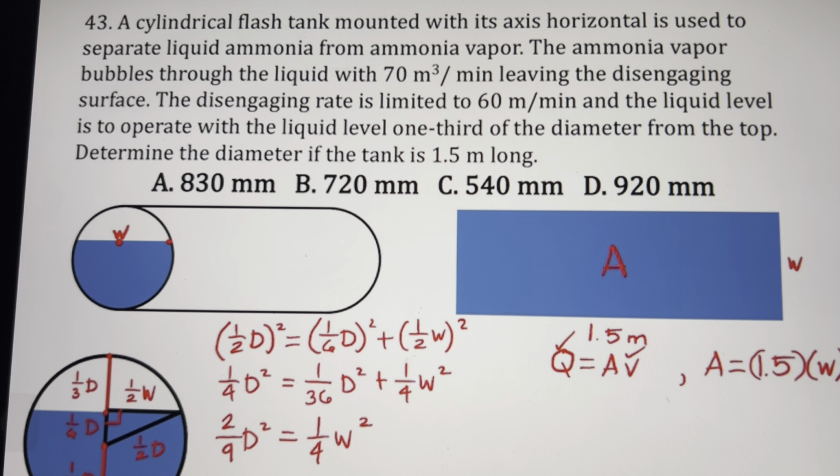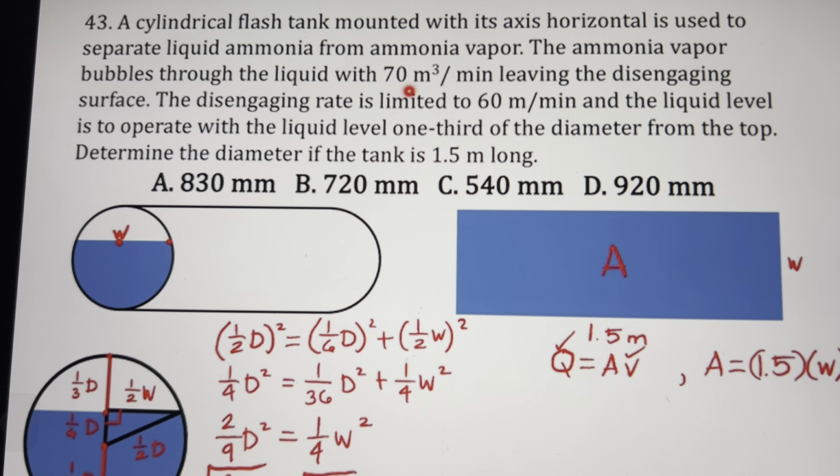Okay, so we can cross multiply 4 here, so this will be 8/9 d squared is equal to width squared. Taking the square root of both sides, our width will be equal to d times square root of 8/9.